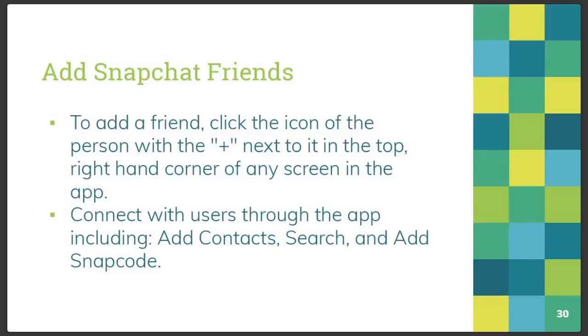All right, so with the snapcode, there are a couple of ways to do this. You can scan a snapcode from your camera roll. So tap the settings, the gear, like I always tell you with Google, it's the holy grail, in your profile screen. Then click snapcodes, and then scan from camera roll. Or you can scan a snapcode in the app: have a friend open Snapchat and tap their profile icon on their profile screen.